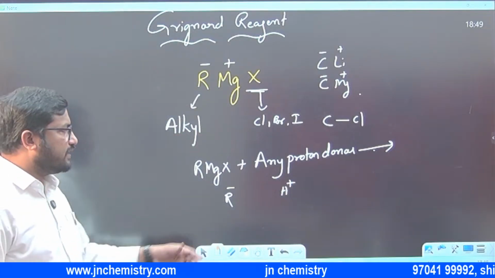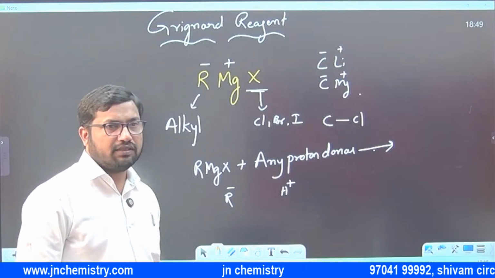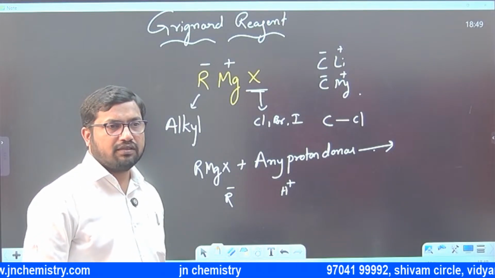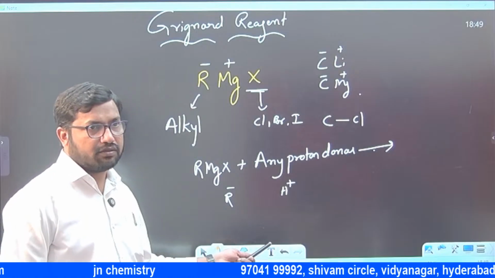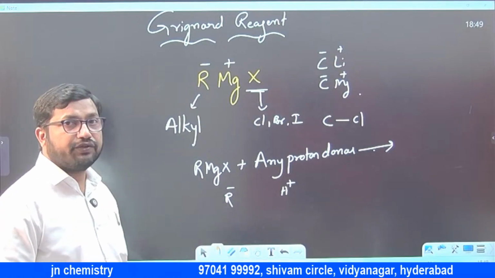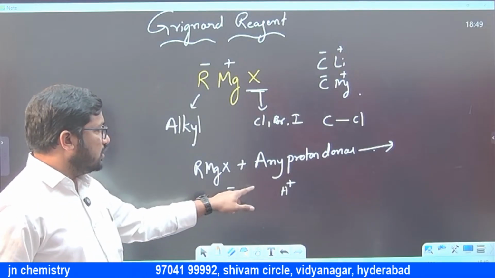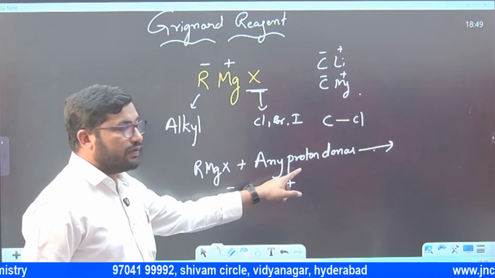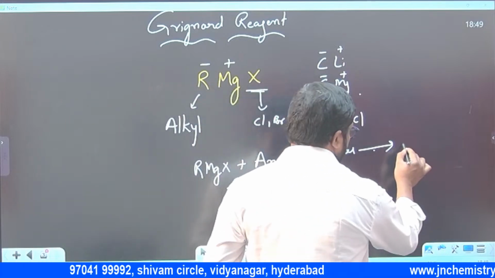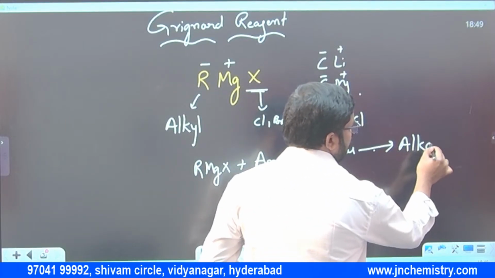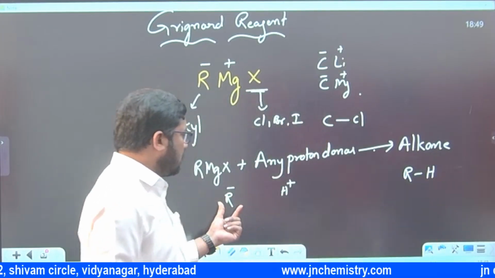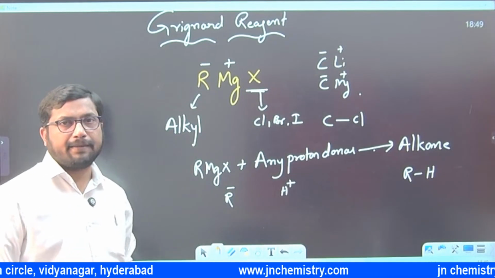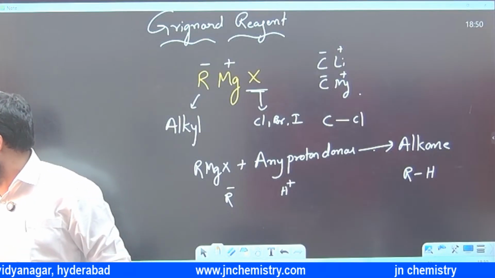Why we will say H plus is a proton? It doesn't have any electrons and it doesn't have any neutrons also. Only one proton is there, that's why we could say proton. So RMgX plus any proton donor will get alkane. Alkane, R and H. RH we will get.